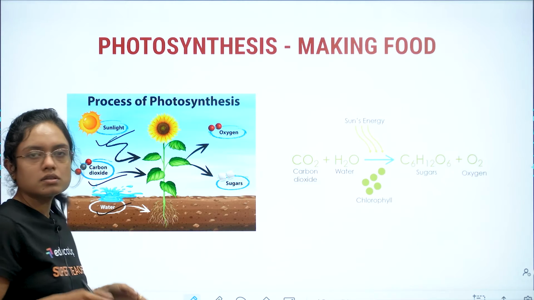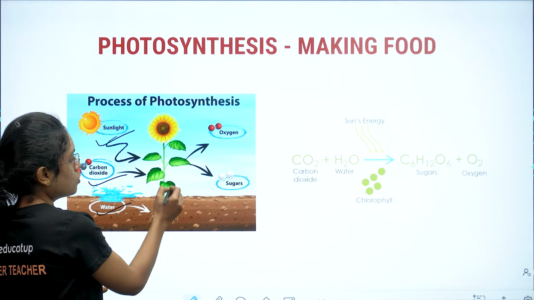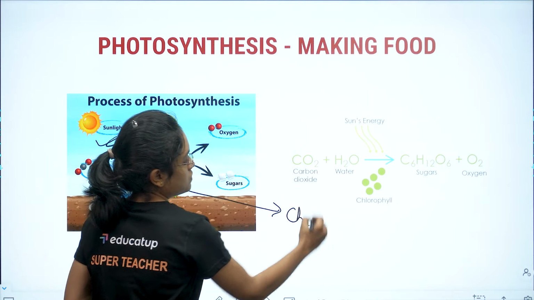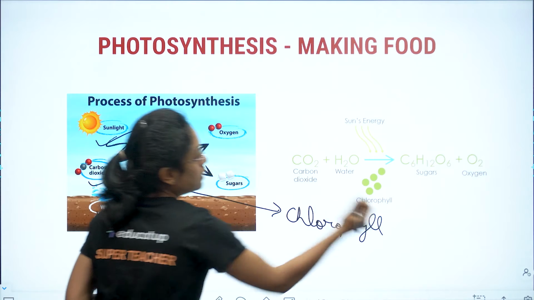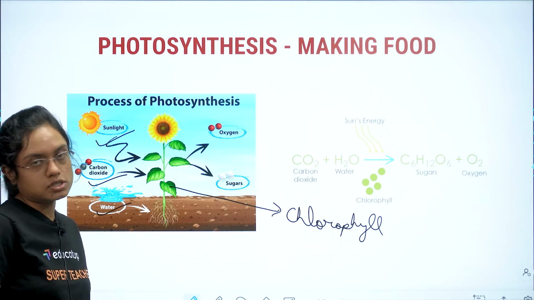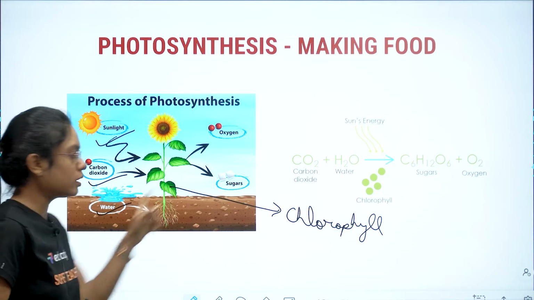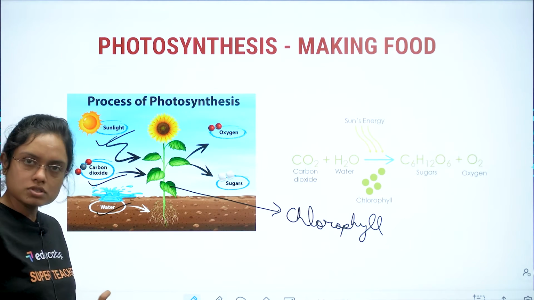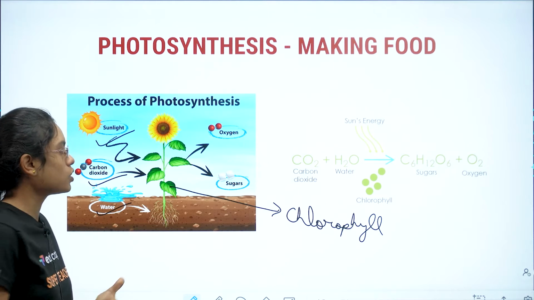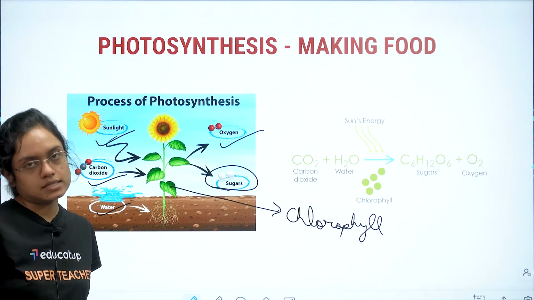Water, plant roots absorb from the soil along with nutrients, and chlorophyll, which is present in the leaves of the plants, is a green colored pigment, extremely essential for photosynthesis. So these four things, sunlight, carbon dioxide, water and chlorophyll, combine together, and then the reaction of photosynthesis happens in plants. What is formed? Sugar. And what is released out? Oxygen gas in the air.